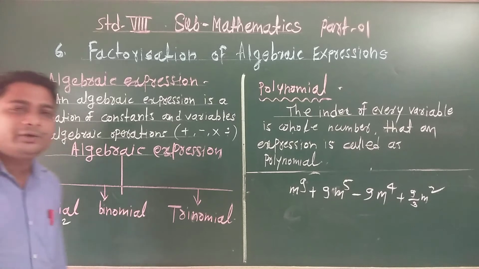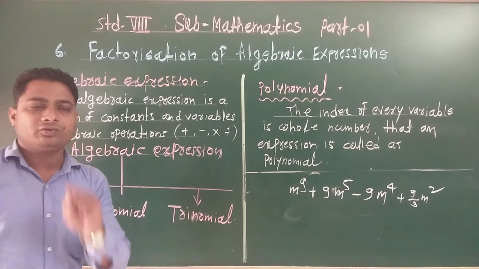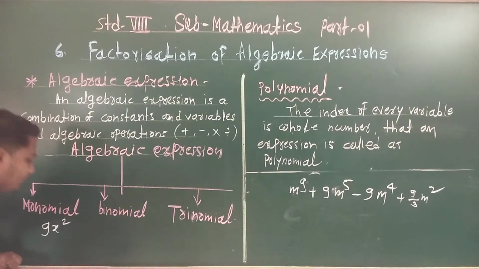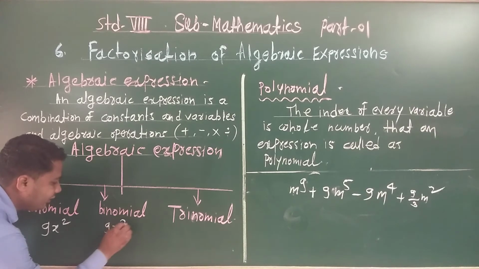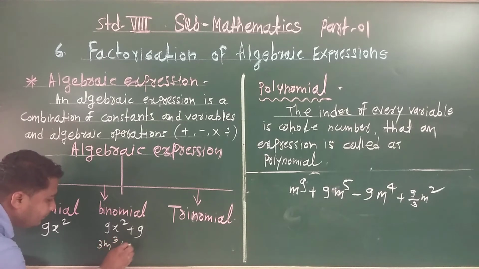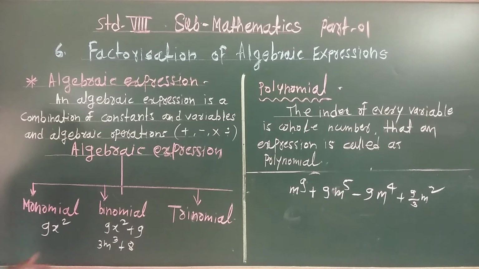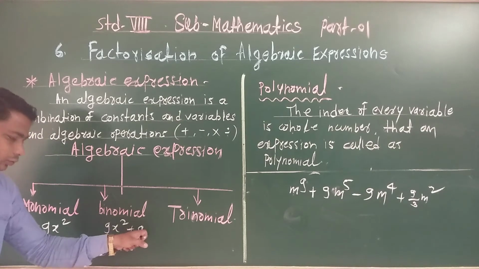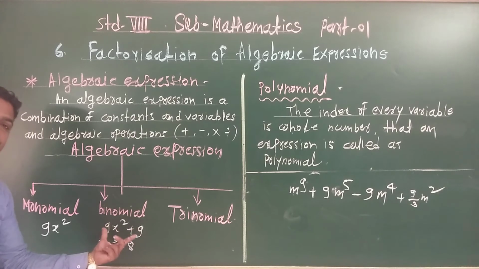Binomial: a polynomial in which there are two terms is called a binomial. So that is 9x square plus 9, or 3m raised to 3 plus 8. There are only two terms, 1 and 2.